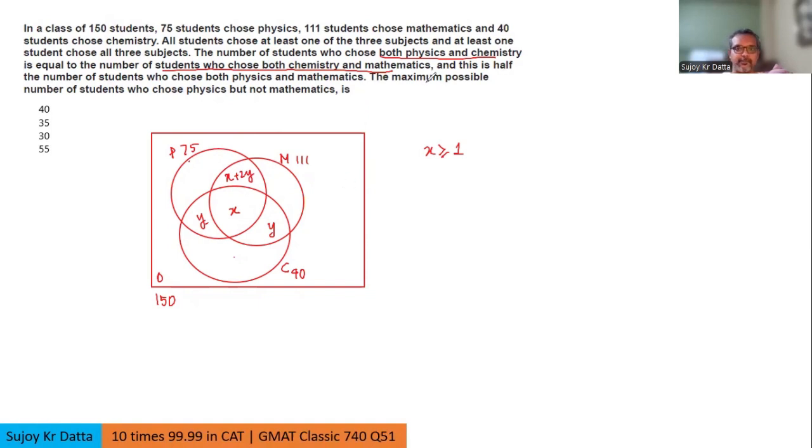The maximum possible number of students who chose physics but not math. Physics but not math is basically this. So the region that we need to find out, you have to maximize 75 minus (x plus 2y).